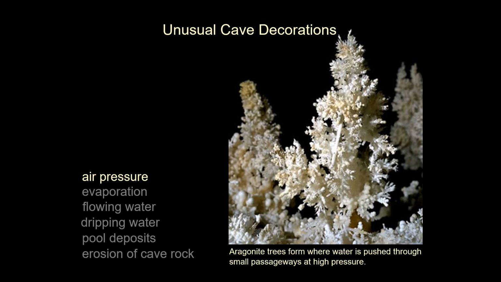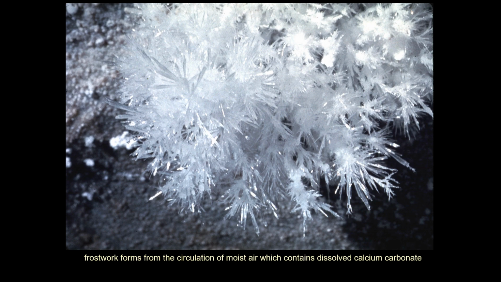Now let's take a look at some unusual cave decorations, just walk through a bit of a laundry list. These aren't really mentioned in detail in the book, but here's an example of something formed by air pressure. Aragonite trees form where water is pushed through small passageways at high pressure. So very, very delicate things found in caves.